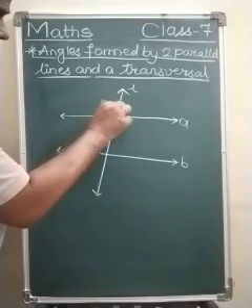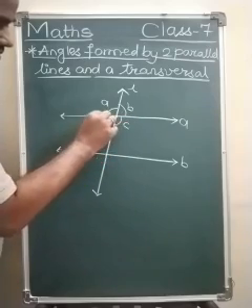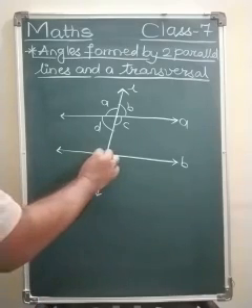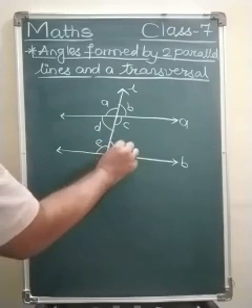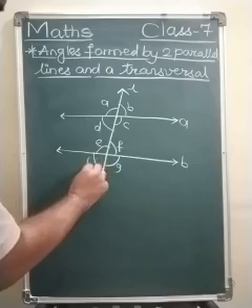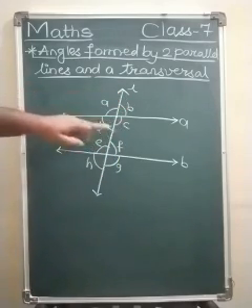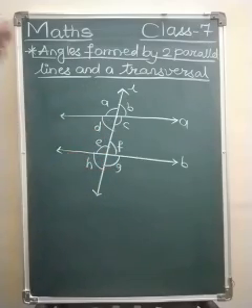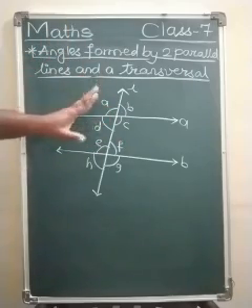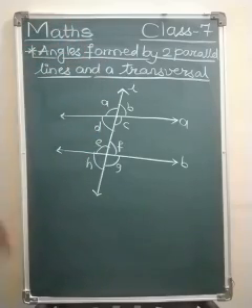Let this be angle A, let this be angle B, let this be angle C, and let this be angle D. In the same way, here would be E, F, G, H. A, B, C, D, E, F, G, H. Okay, you can name them anyway, no problem. Naming is not a problem, but to find out the angles is very much important.